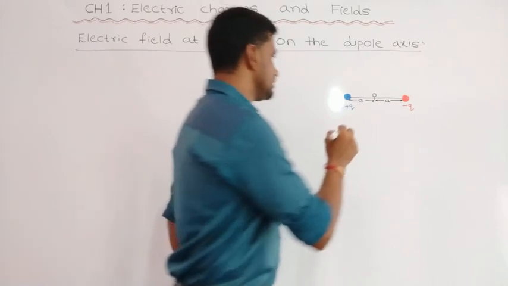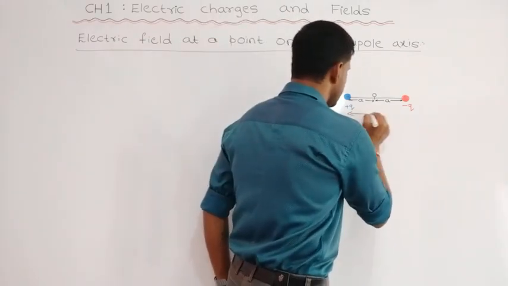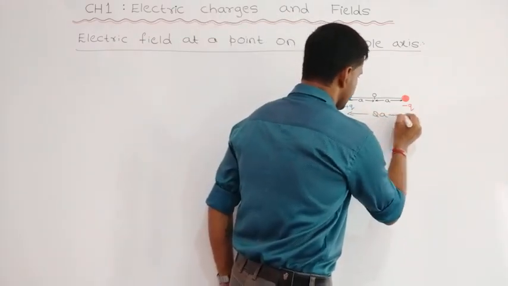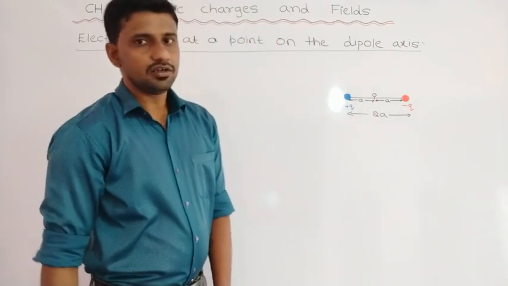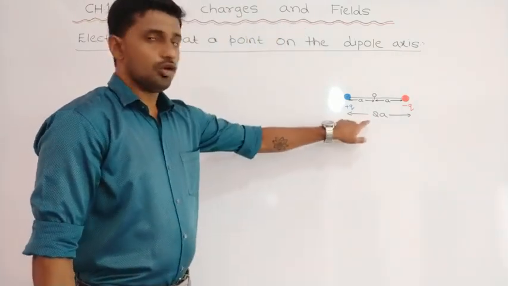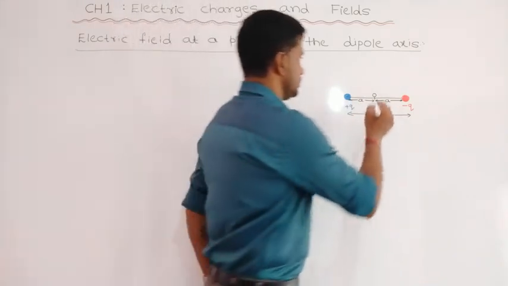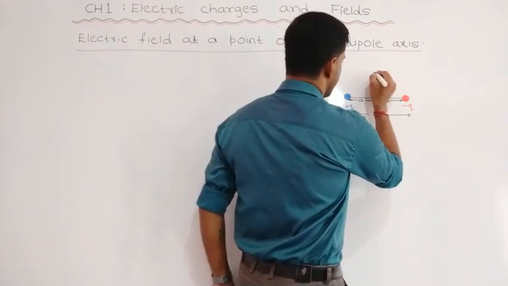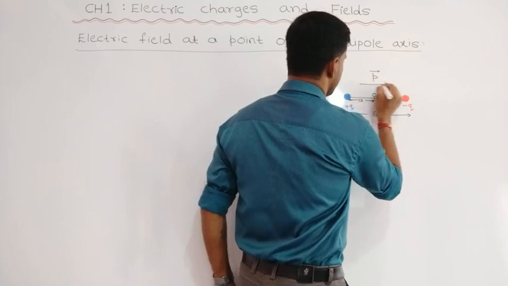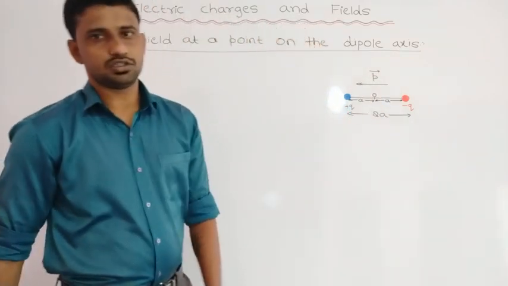Then the total distance between the two charges is 2a. And we know that the dipole moment direction is always from the negative charge to the positive charge. So this is the electric dipole direction, from negative to positive charge.